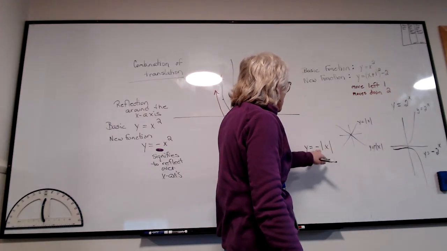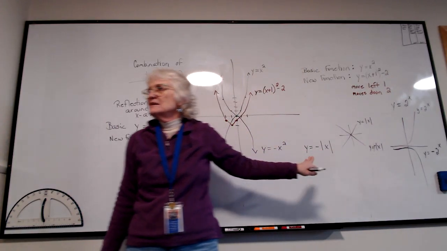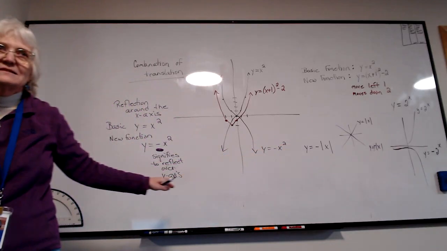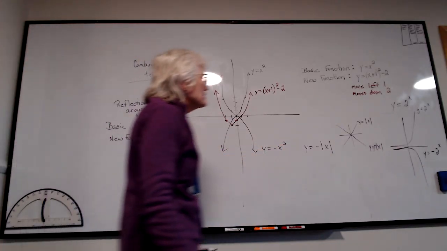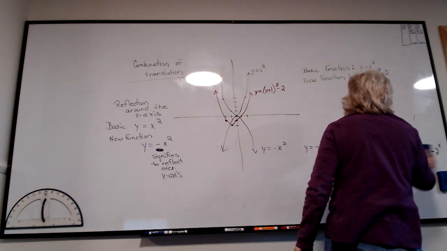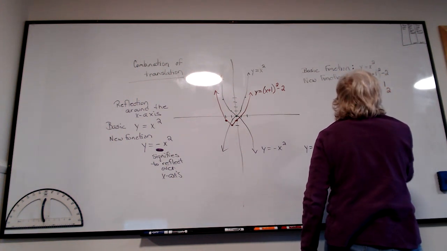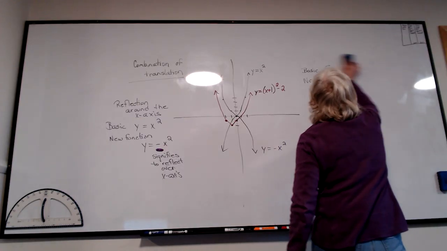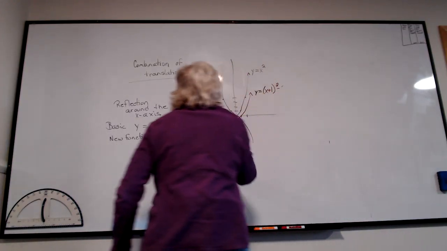The negative sign in front of the function reflects it. Okay? So those are the three basic ones. Tomorrow we'll talk about the inverse where it rotates it 90 degrees. And we'll look at that.